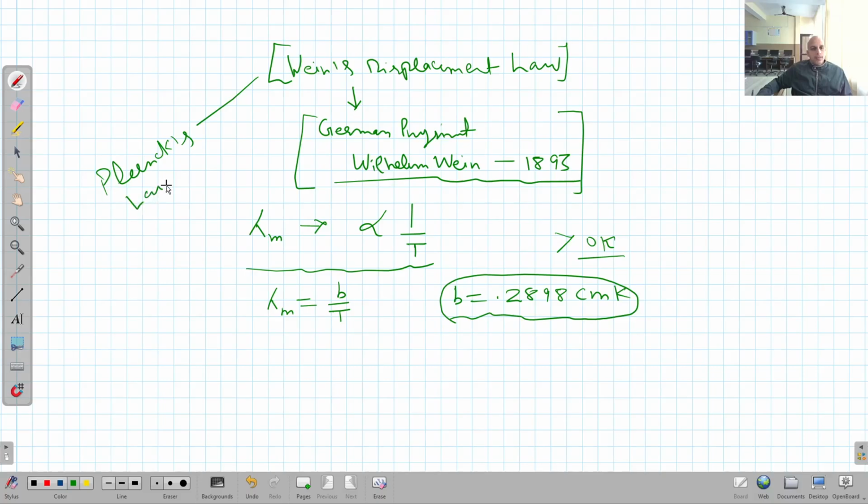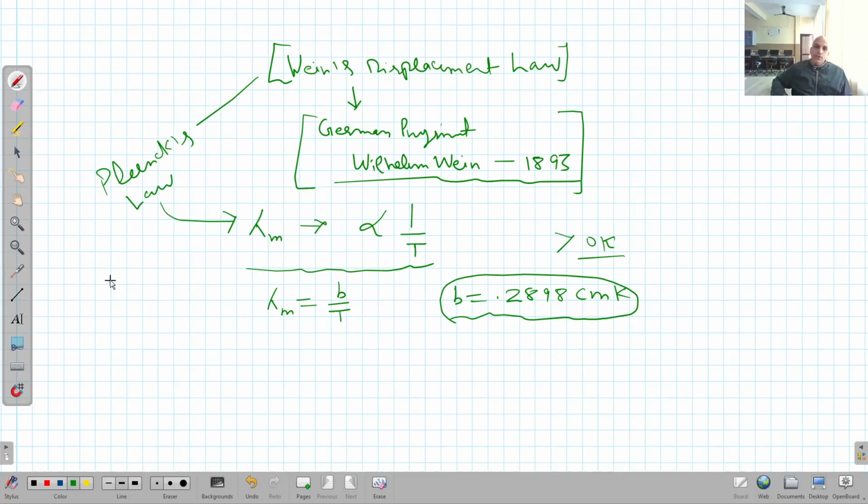Clear? We have derived Planck's law by using Bose-Einstein statistics. So we will make use of Planck's law for deriving Wien's displacement law, right? But first of all, we will understand what is the physical significance of this law.